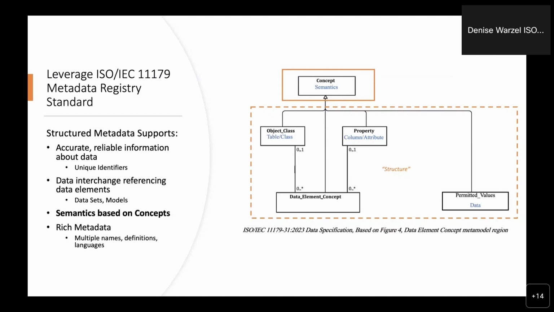So those of you who have described your own common models can see some parallel in breaking these things into two parts, and both parts are reusable and combinable in different ways. And then the third piece of this, from our perspective, so that the data itself can be interoperable, is to assign concepts to the permitted values. In some cases, you have an enumerated list of things that can be used to populate that column, and those pieces of data also have concepts associated with them.